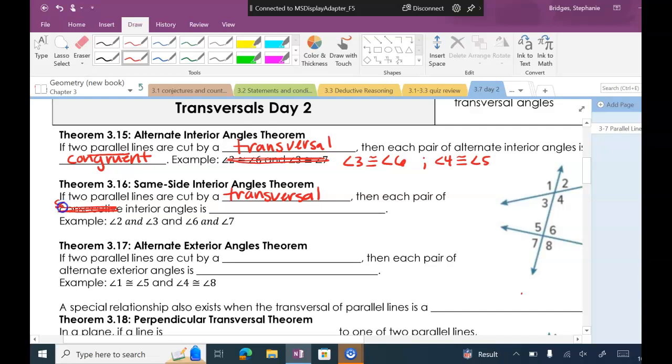That to me is easier to figure that out. So scratch out the word consecutive and write same side interior angles. Okay. But if two parallel lines are cut by a transversal, then each pair of same side interior angles are, I need to fix a lot of typos in here, supplementary.